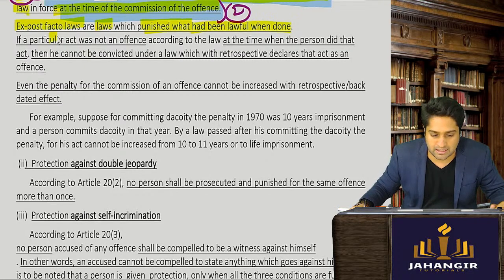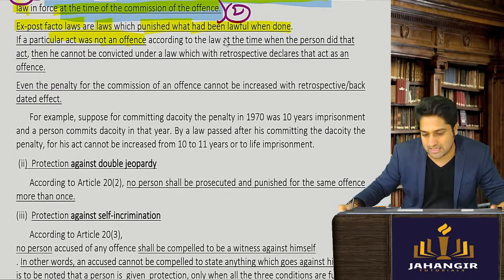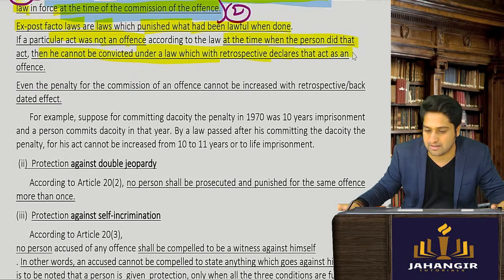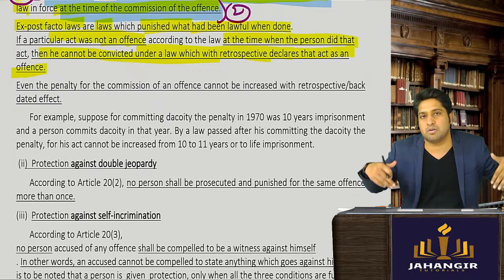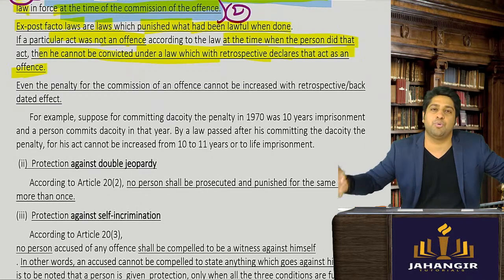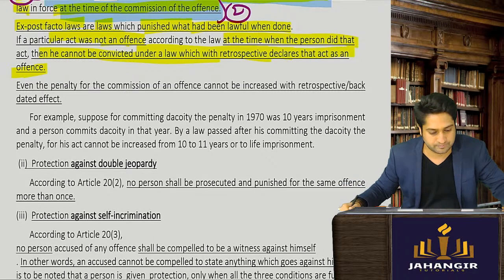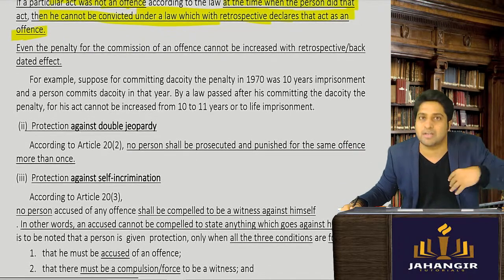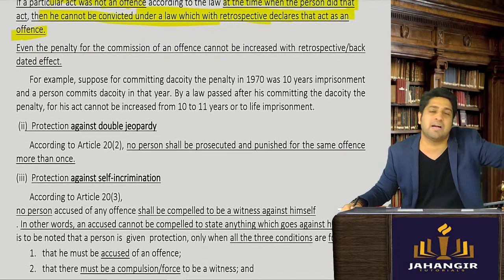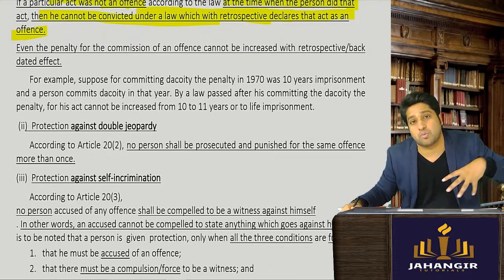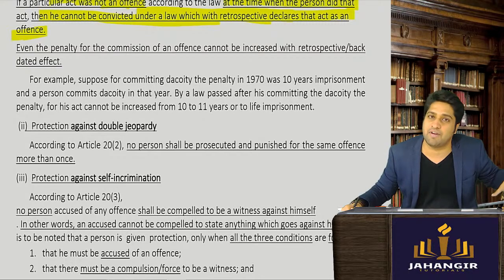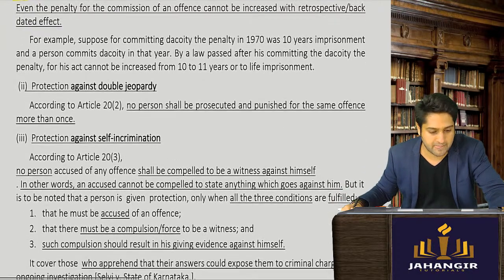If a particular act was not an offense at the time when the person did it, then he cannot be convicted under a law with retrospective effect that declares it an offense. So if I did an act which was not punishable at the time of doing, I can never be punished for that act, nor for a greater penalty than the penalty when the act was done.